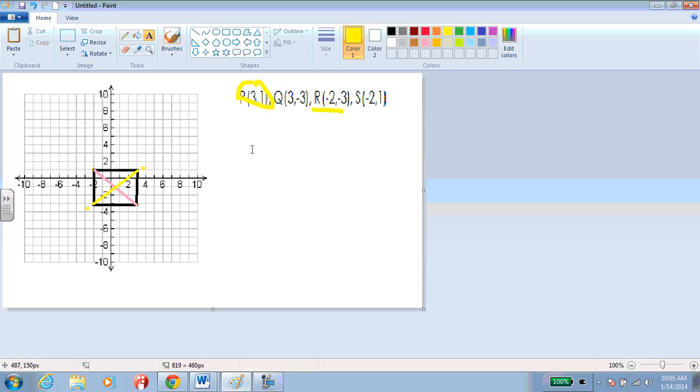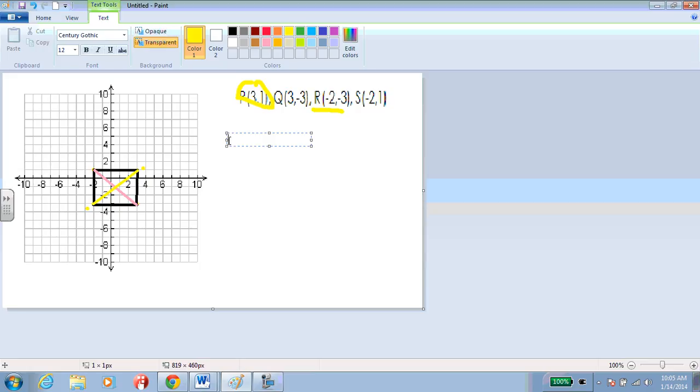So I'll start by thinking about how far apart are the x values. The distance between 3 and -2 is 5.